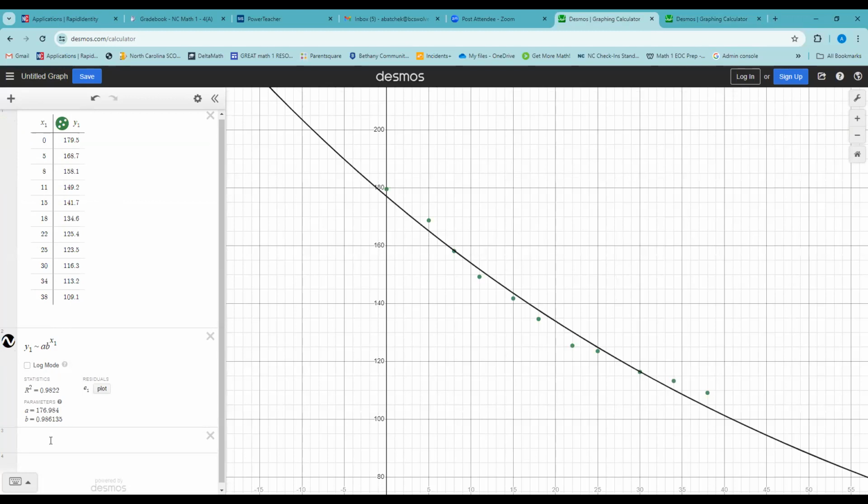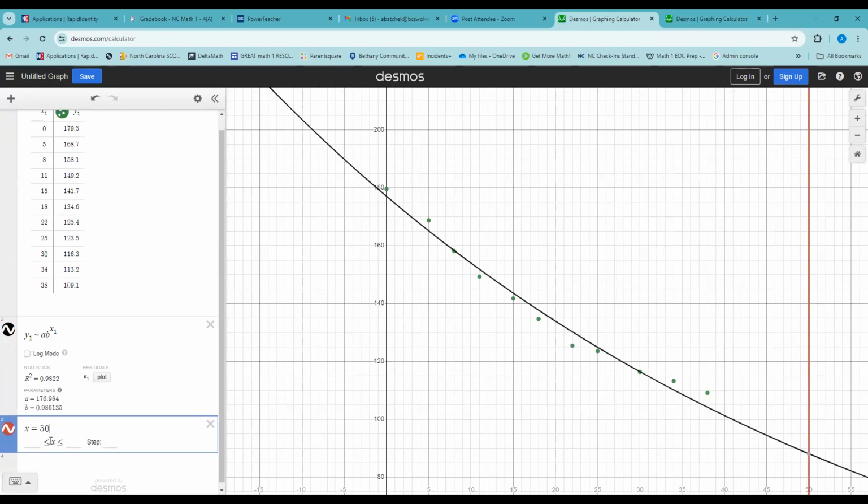Now it gave us X equals 50, and I am going to type in X equals 50. And if you'll notice, it's way over here in the bottom right corner. And when we type that in, we get 88.055.